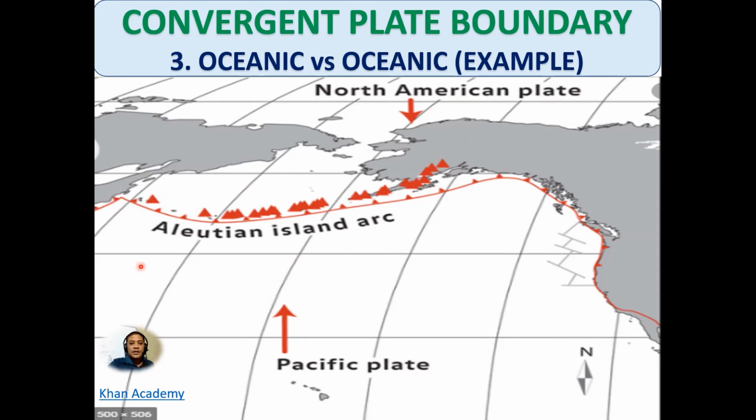As you can see in the map, the Aleutian Island arc was formed due to the convergence of two oceanic plates, the Pacific Plate and the North American Plate.